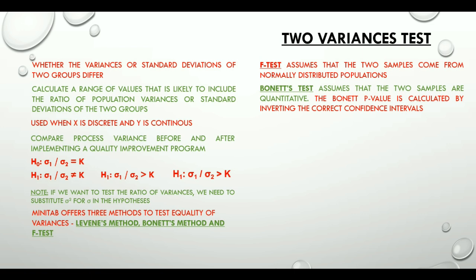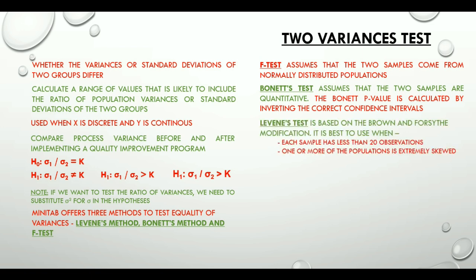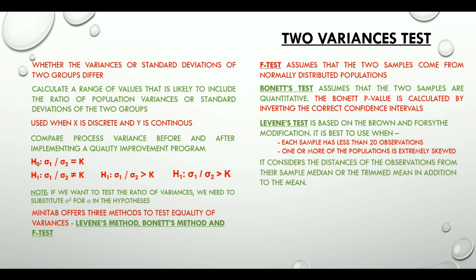And Levene's test is based on the Brown and Forsyth modification. It is used when each sample has less than 20 observations and one or more of the populations is extremely skewed. It considers the distances of the observations from their sample median or the trimmed mean in addition to the mean.